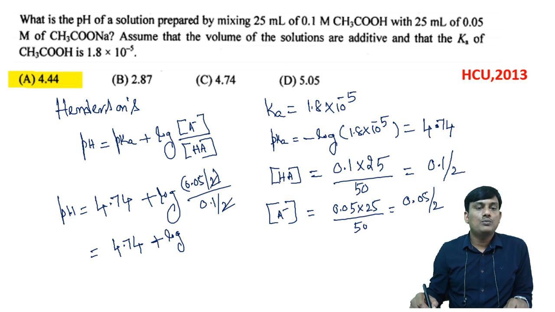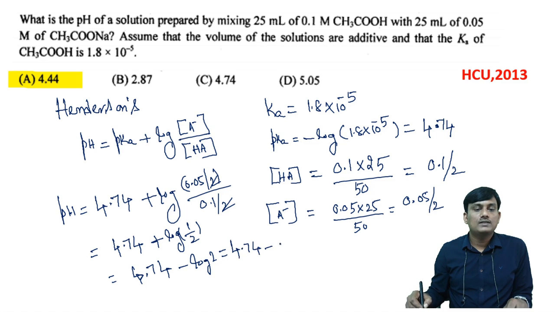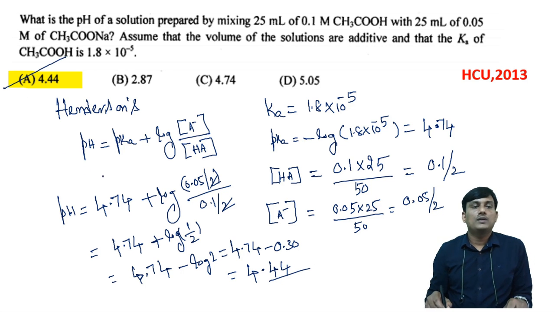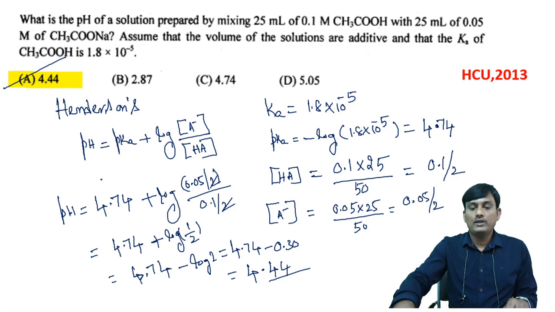The 2 cancels, and 0.05 by 0.1 is 1 by 2. So this is equal to 4.74 minus log 2. We know the log 2 value is 0.3010. So 4.74 minus 0.3010, you can write 0.30, it will be 4.44. So the pH of the solution is 4.44.